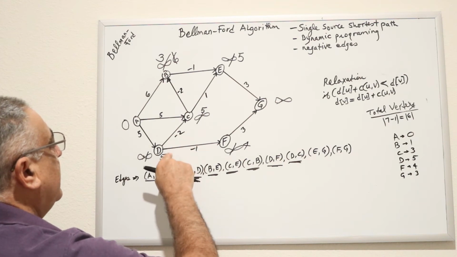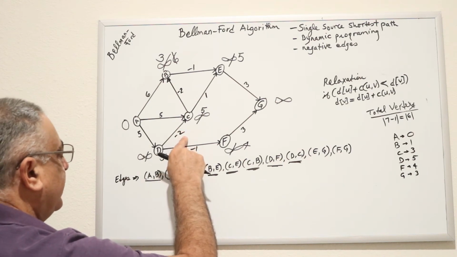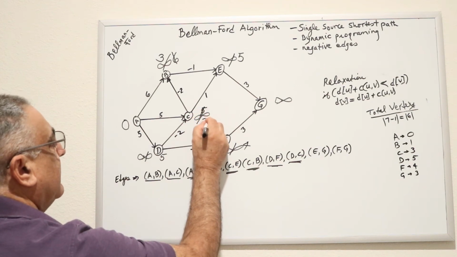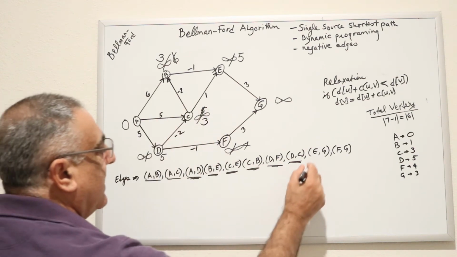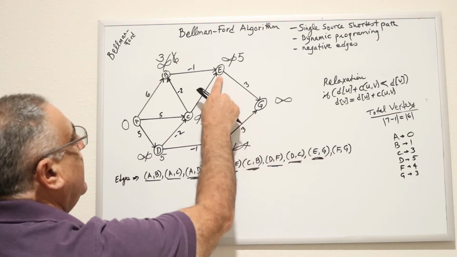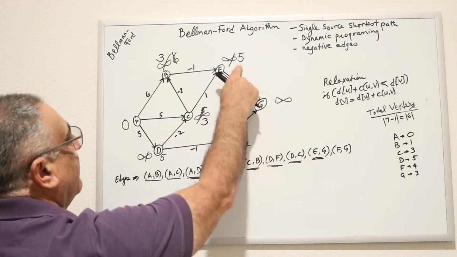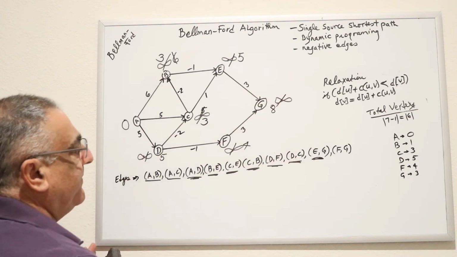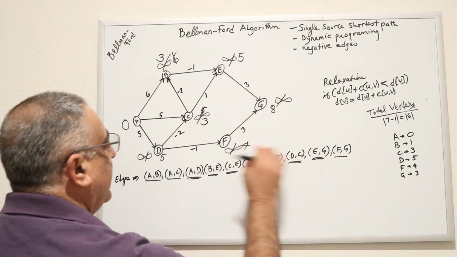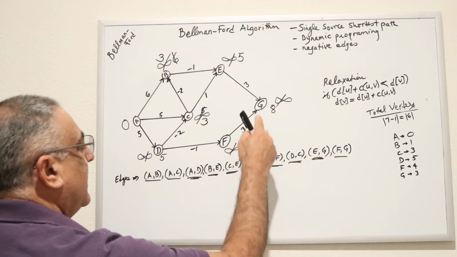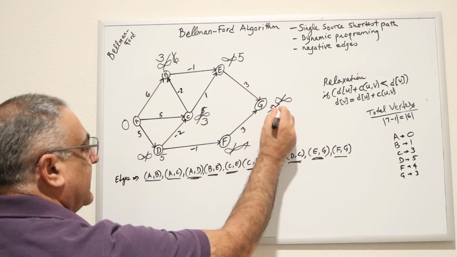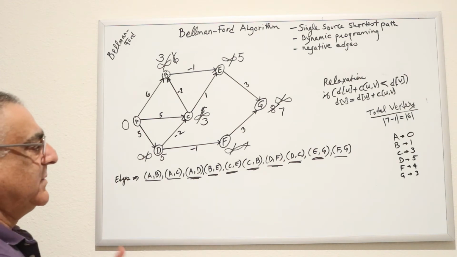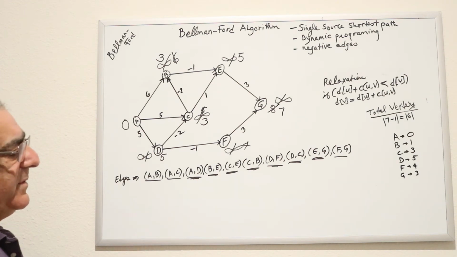Well, you get 5 plus negative 2, which is 3, and that's better than 5. Okay, how about E to G? 5 plus 3, that's 8, which is better than infinity. F to G. 4 plus 3, which is 7, that's better. So this is my first pass. I've done this once. I gotta do it 5 more times.